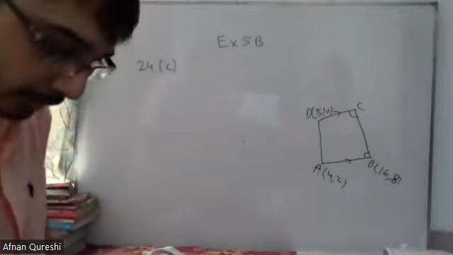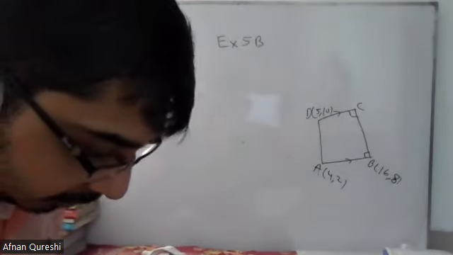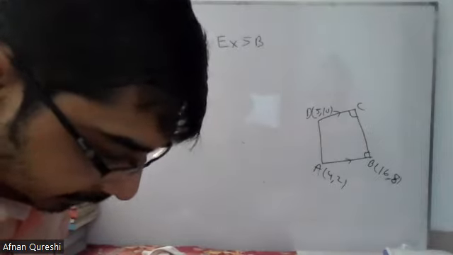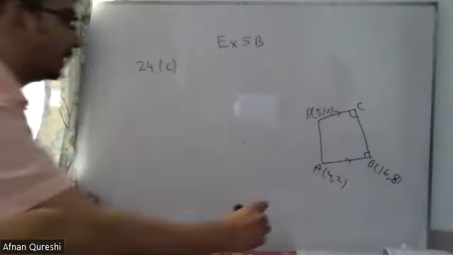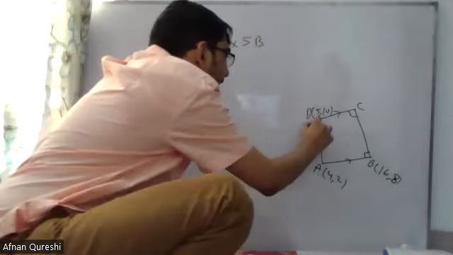Part C, they're asking for the coordinates of point P. What is P? They have defined P as the point where, if I extend AD and BC, they meet.